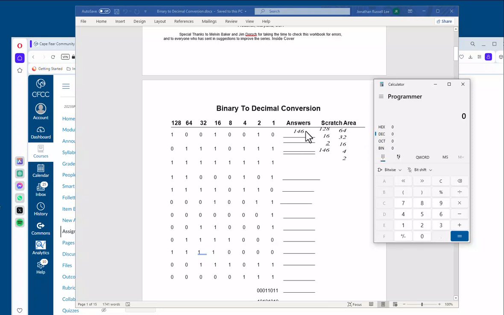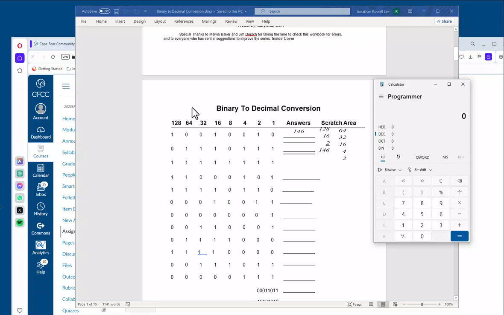All right, see right here, this first one, the answer is 146, because if you look at 10010010, where did the 146 come from? Well, under the 128 column, you've got a 1, so that's 128. You can write it down or just remember it in your head.